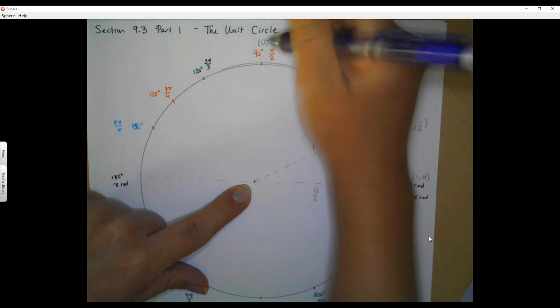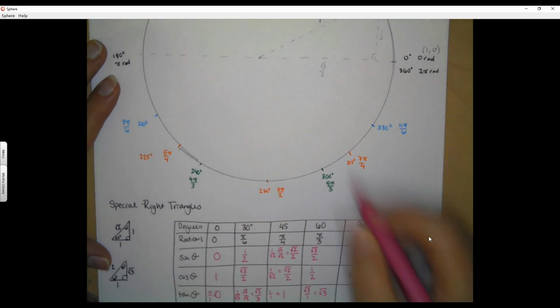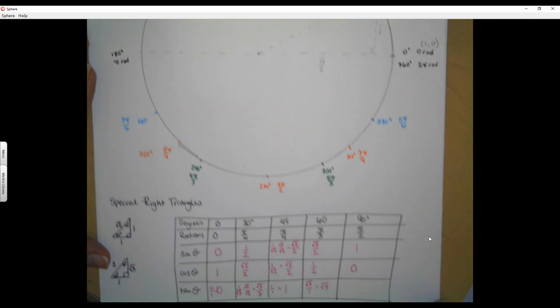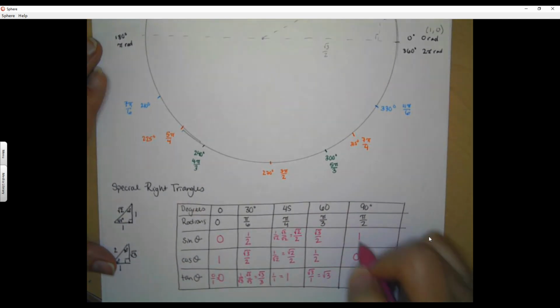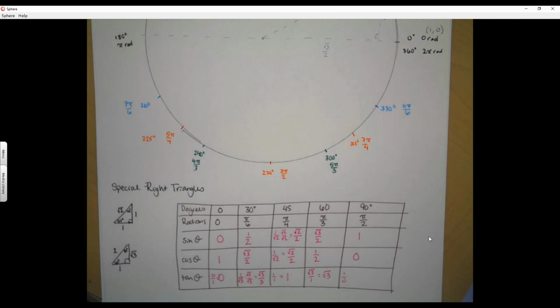So x, my cosine, is 0. My y coordinate there, my sine value, is 1. And to figure out my tangent, if I do sine divided by cosine, or y divided by x, 1 divided by 0, we can't divide by 0. Hopefully you remember that's undefined.